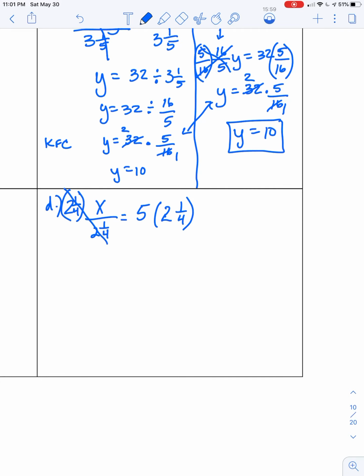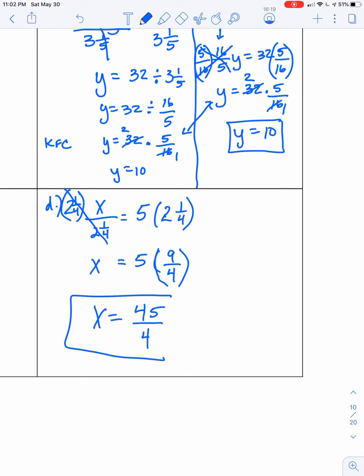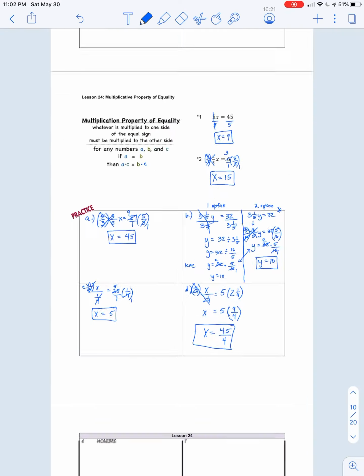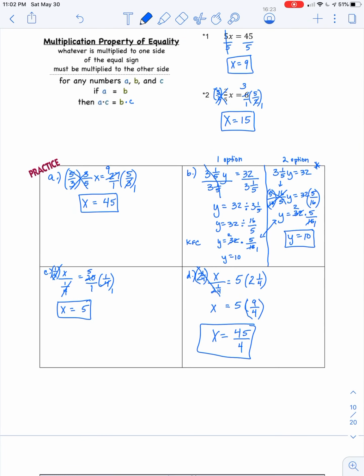Because 2 1/4 divided by 2 1/4 is 1, they cancel each other out to give us 1x or just x. This is the step I'm going to take: 2 1/4 and make it an improper fraction. So I have 9/4. We're multiplying it with 5. So x is going to be equal to 45/4. And that's the solution to letter D.